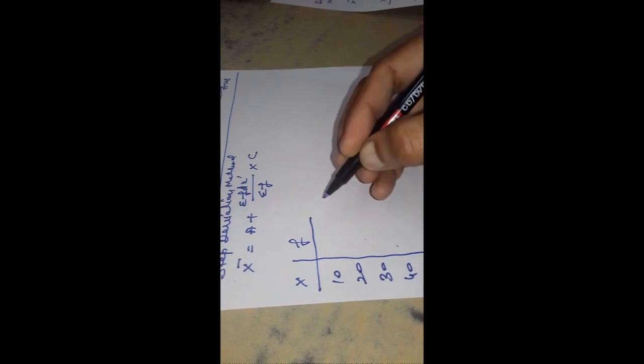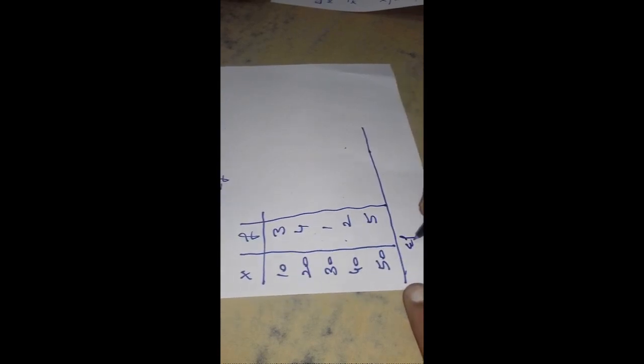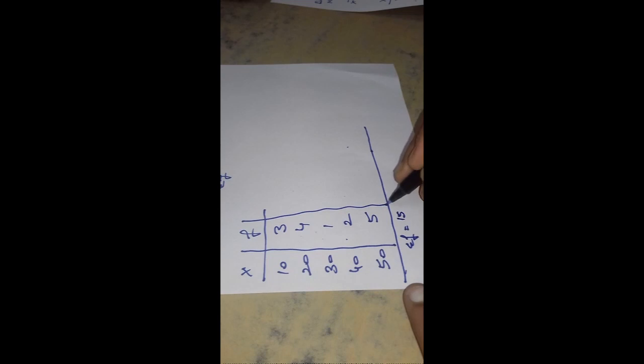Again x and f: 10, 20, 30, 40 and 50, and the frequencies were 3, 4, 1, 2 and 5. Again we take summation f as we already calculated.